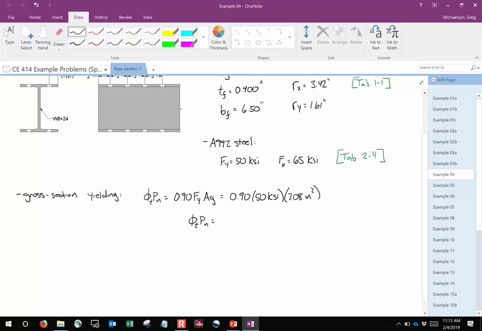And so phi Pn equals what? 318.6. First off, the number. Do I have a second on that? And what are the units? Nope. Kips.